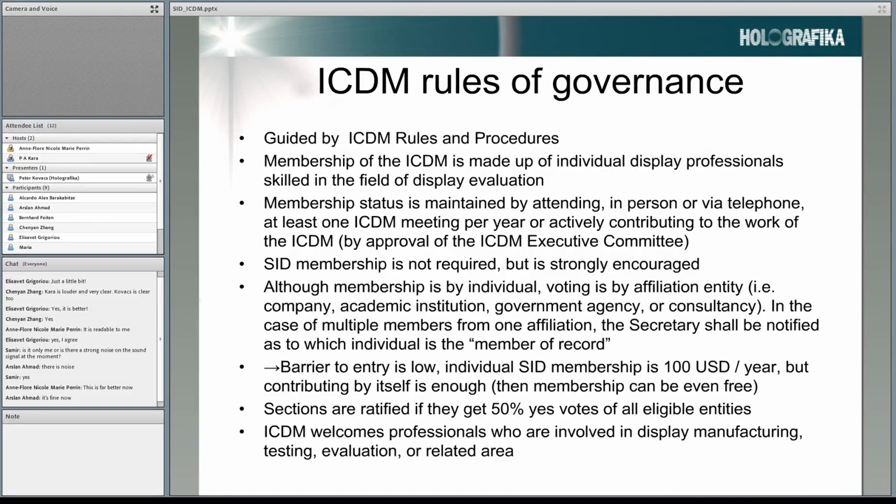And about the voting status, sections of the standard are ratified if they get more than half of the votes of the eligible entities. So then they will be included. And the ICDM warmly welcomes anybody who is a professional in display evaluation to contribute to the standard.